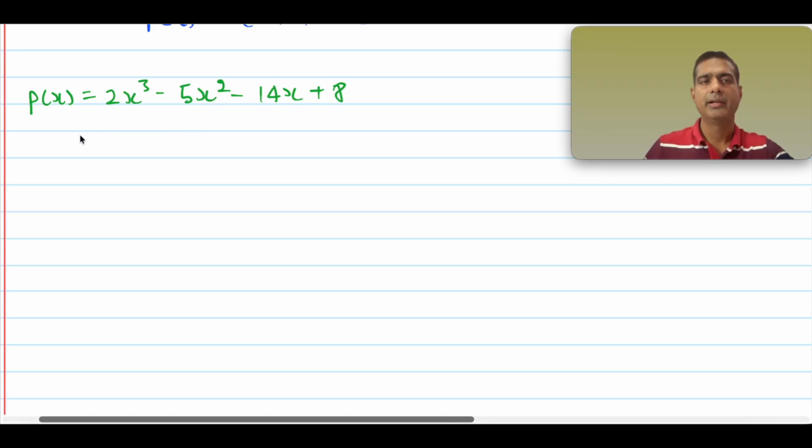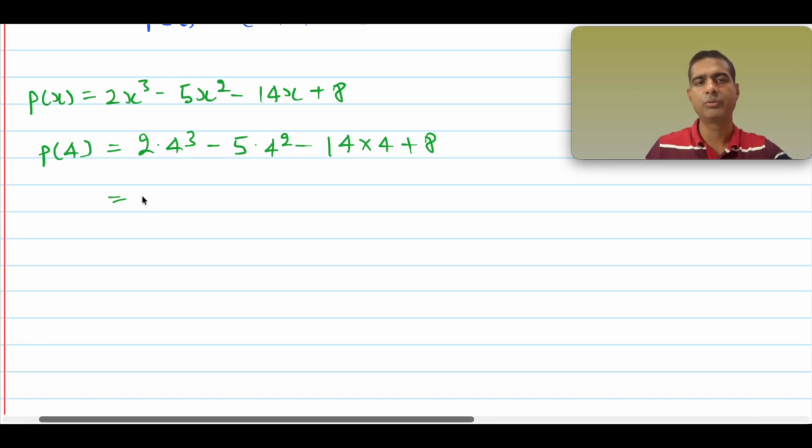So if I try to find out the value of this polynomial at 4, we will get 2 into 4 cube minus 5 into 4 square minus 14 into 4 plus 8. So 4 cube is 64, 64 into 2 is 128, minus 4 square is 16, 16 into 5 is 80, minus 14 into 4 is minus 56 plus 8.